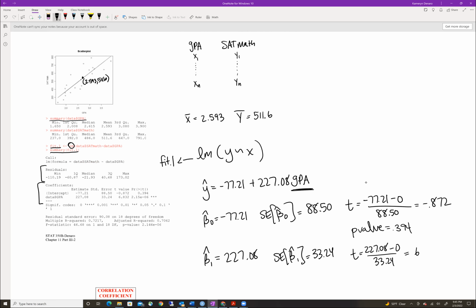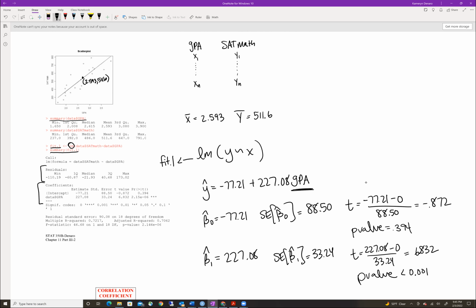That gives you a t-value of 6.832. And then our p-value associated with that, since that's a very small number, very close to zero, it's 0.00000, 5 zeros and a 2, we can just say the p-value is less than 0.001.